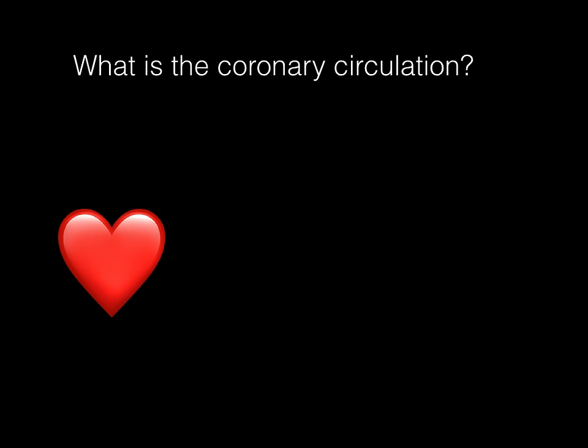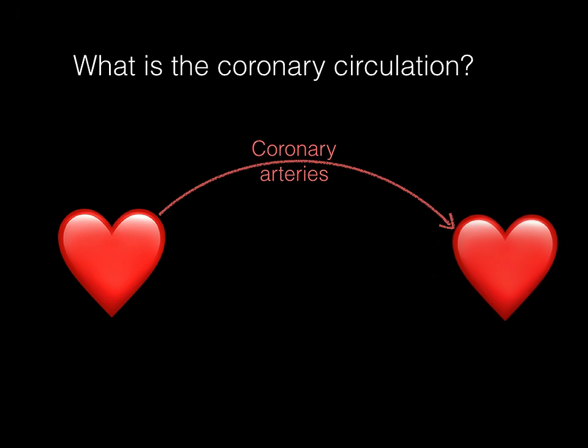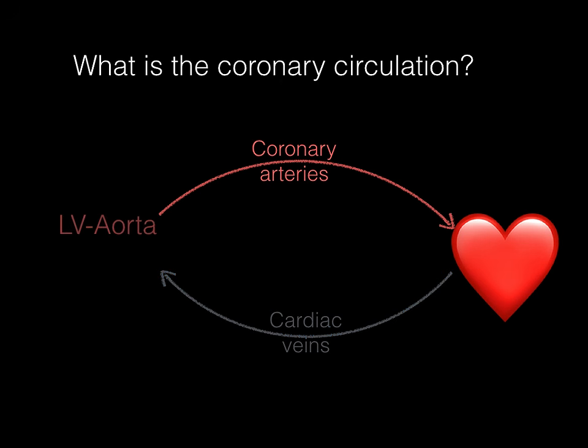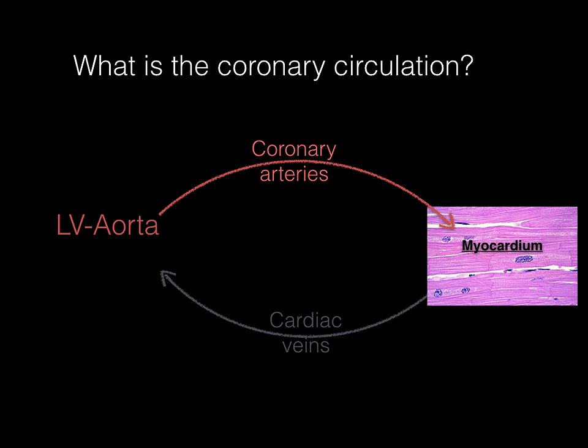So what is the coronary circulation? It's the heart pumping blood into the heart, and the heart delivering blood back to the heart. Now, what we mean by that is that the left ventricle pumps oxygenated blood into the ascending aorta, which then gives rise immediately to left and right coronary arteries, which then supply the heart, meaning the myocardium, the actual heart muscle tissue.